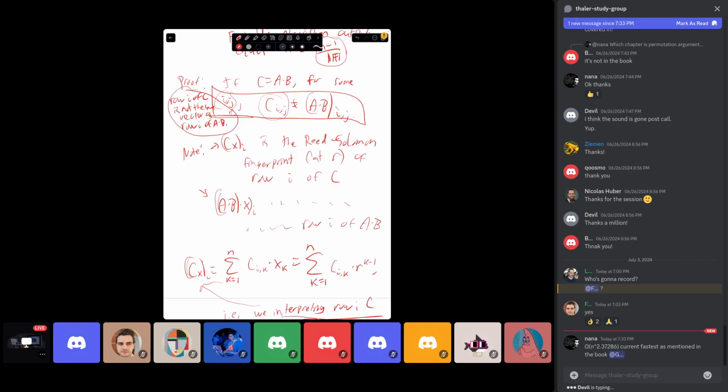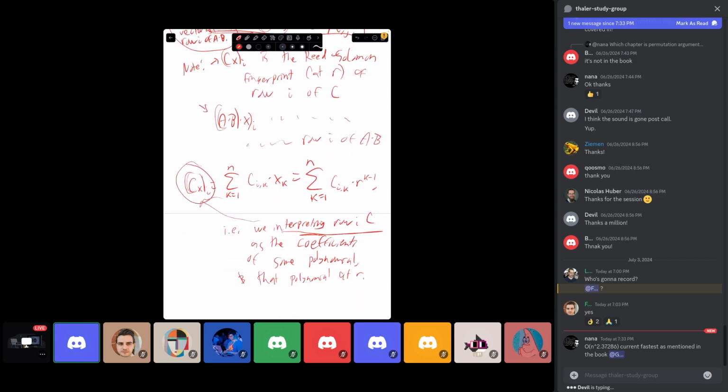And so if C does not equal A times B, just focus on a row I where the ith row of C is not literally the same row as the ith row of A times B. Freivald's winds up Reed-Solomon fingerprinting that row.